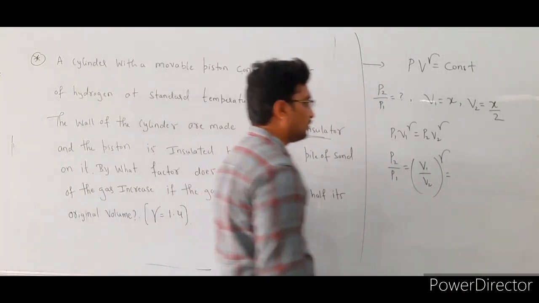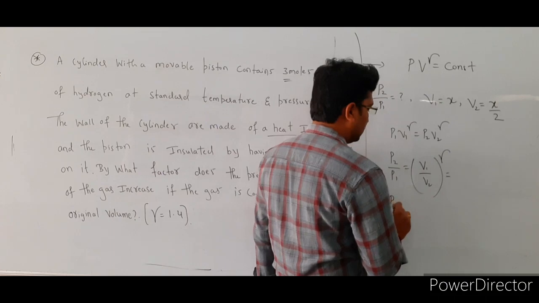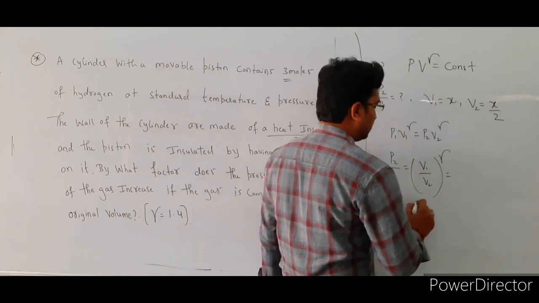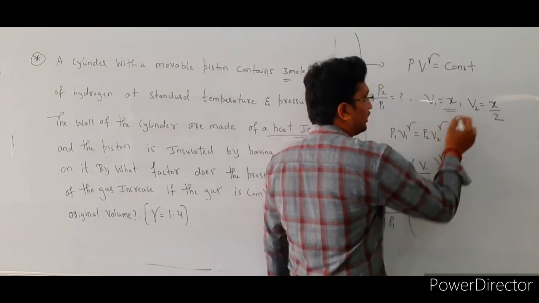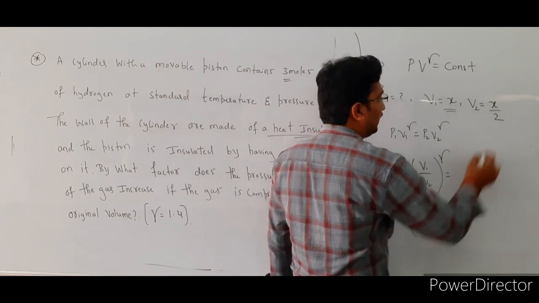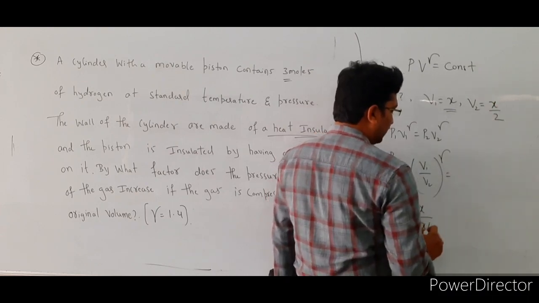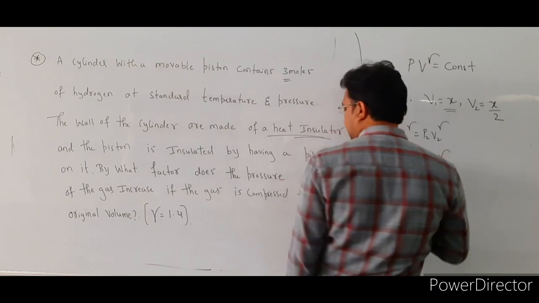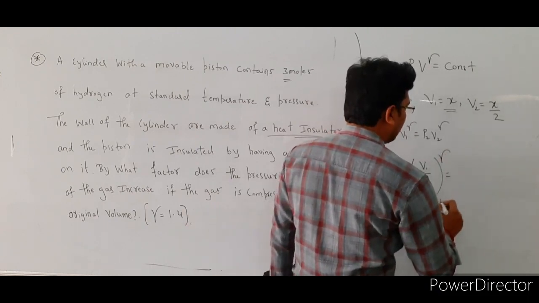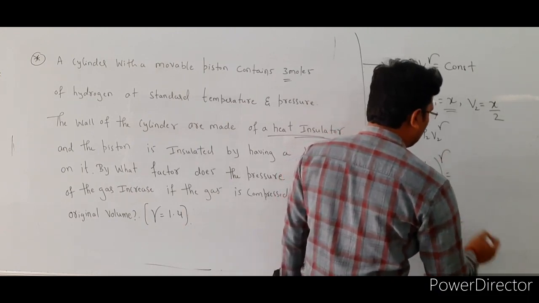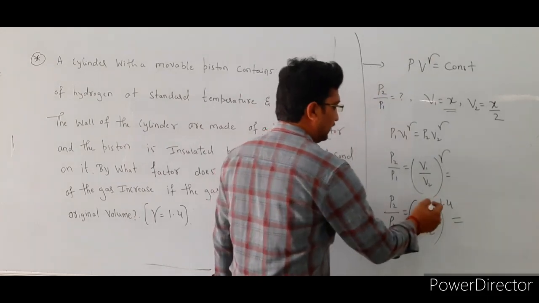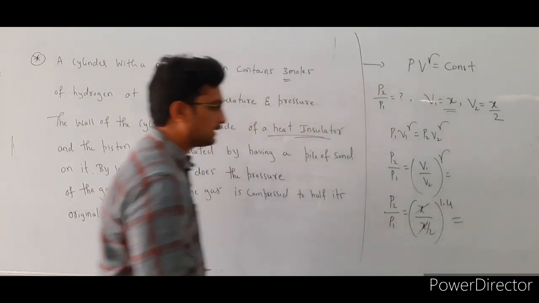Substitute the V1, V2 values here. P2 by P1 is equal to V1, the original volume, that is x, over V2, half of the original volume, x by 2, to the power of gamma. What is the gamma value here? That is 1.4. Here x gets cancelled.